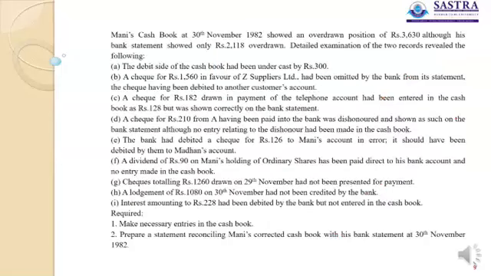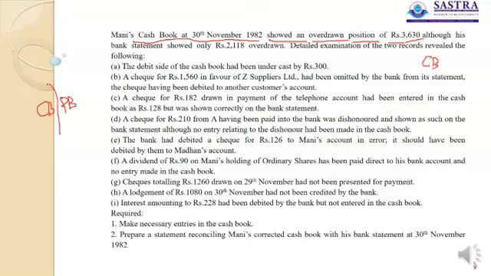This is a comprehensive illustration. Money's cash book, very comprehensive illustration. 30th November 1982 showed an overdrawn position of 3630. So the cash book shows overdrawn. We write here the symbols, cash book and passbook.